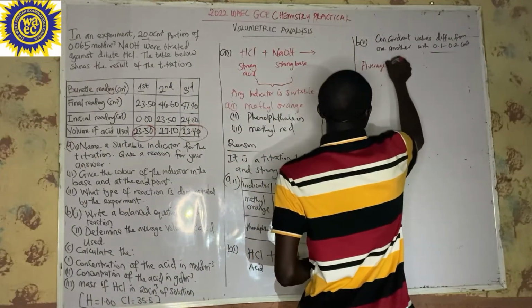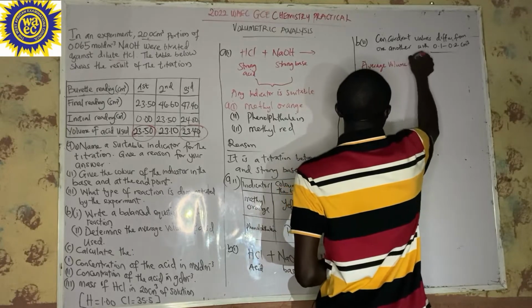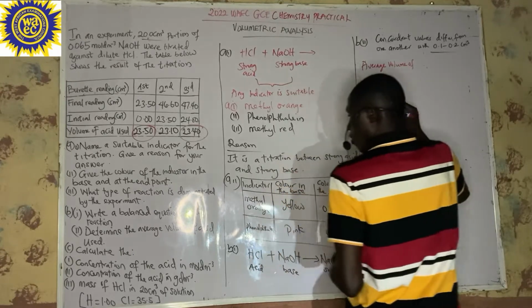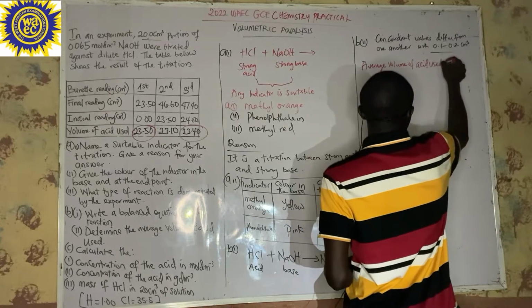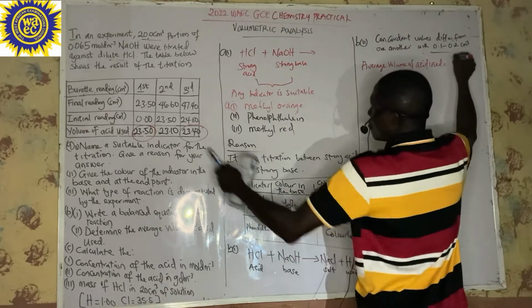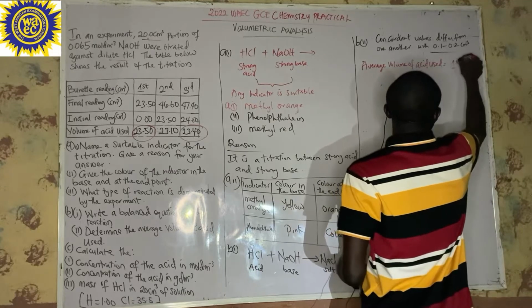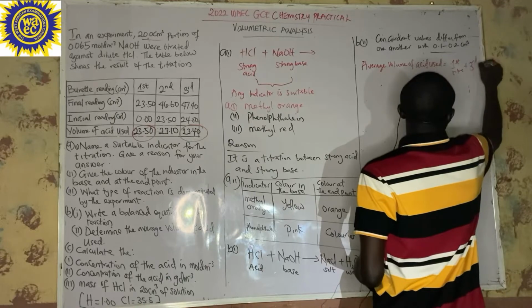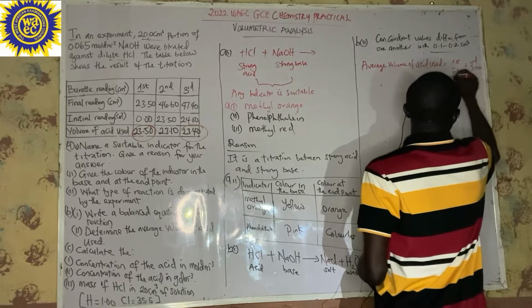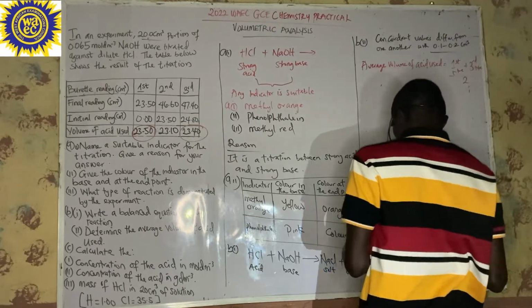The average volume of acid used is going to be the first titre value plus the third titre value, divided by 2.